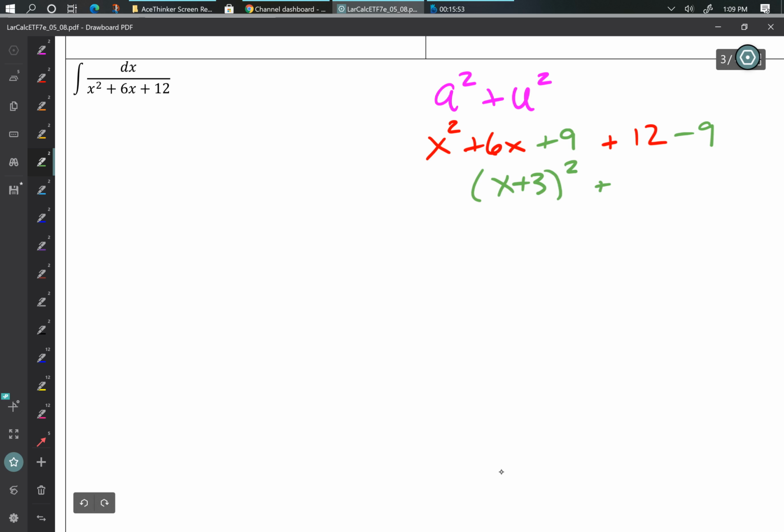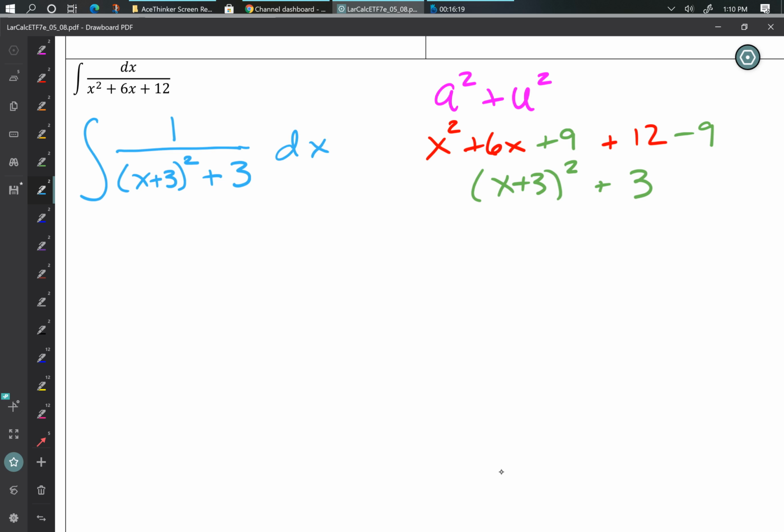And so I get x plus 3 squared plus 3. So I can rewrite my integral as 1 over u squared plus a squared du.